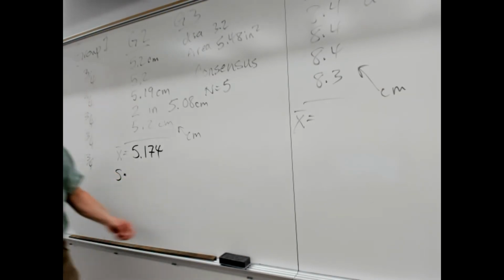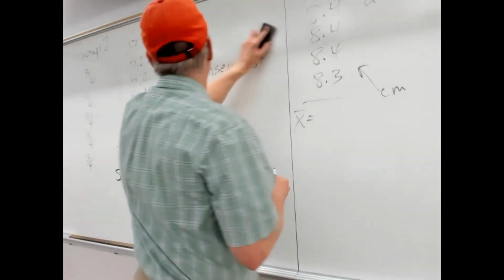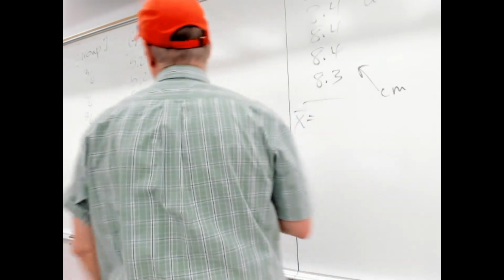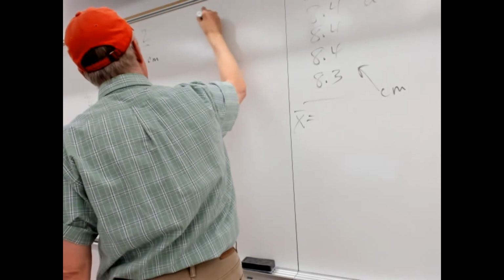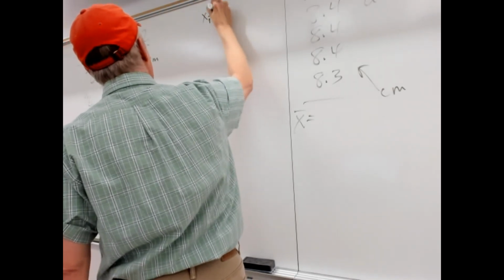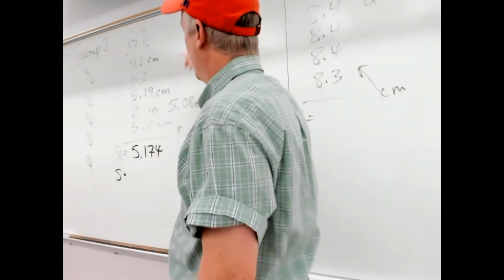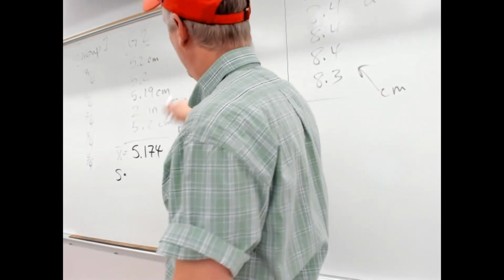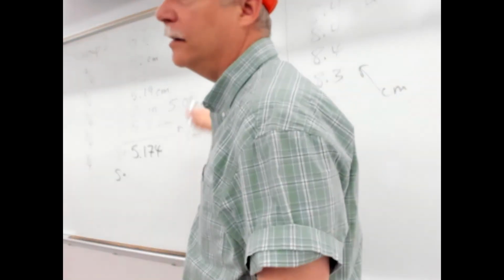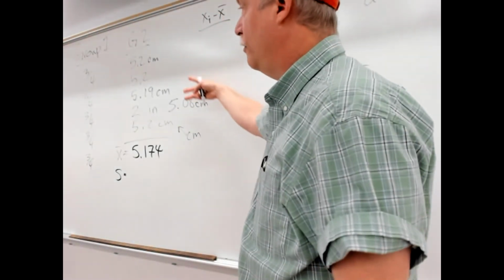So in order to do this quickly, it's nice to use a table. And so I will have deviations, xi minus x bar. I'll just make a column. So you can get 5.2 minus that, 5.2 minus that, 5.19 minus that, 5.08 minus that, and so on. There's really only 3 different numbers here.